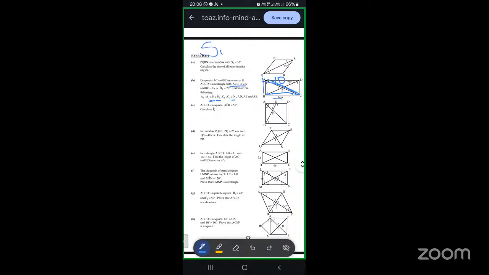Then I go to trigonometry, this technique, SOHCAHTOA. I believe you guys know this. Do you guys know this technique? Are you guys still there?